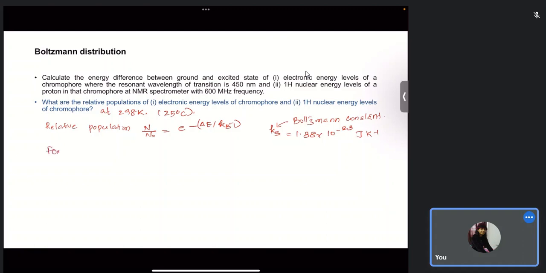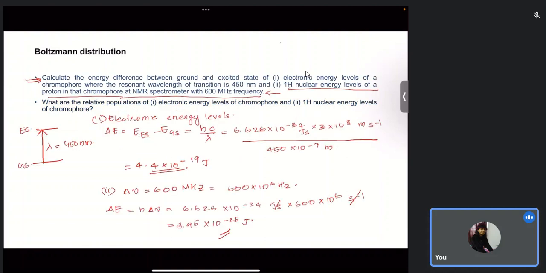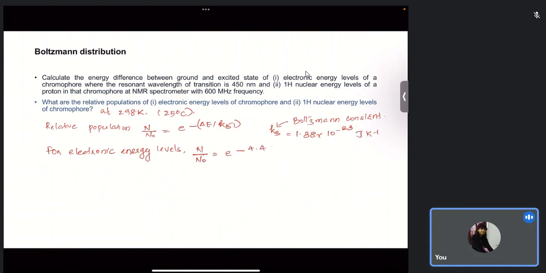For electronic energy levels, N by N0 is equal to e raised to minus 4.4 into 10 to the power minus 19 divided by 1.38 into 10 to the power minus 23 into 298, where 298 is the temperature.